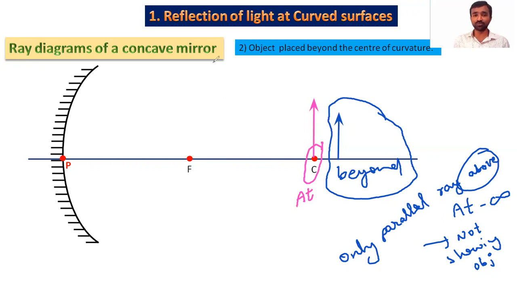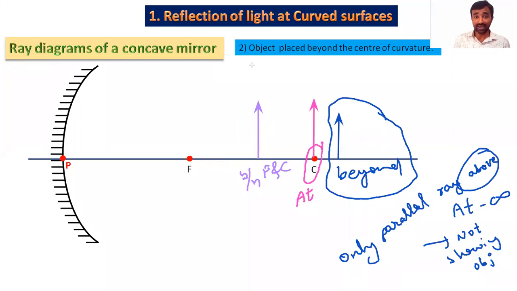What is the next possibility here? Getting the object inside the center of curvature, but outside the focus. So what can we call this position? Between F and C. Then what is the next possible position?